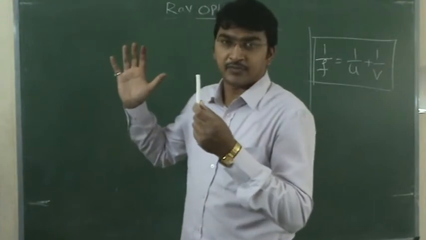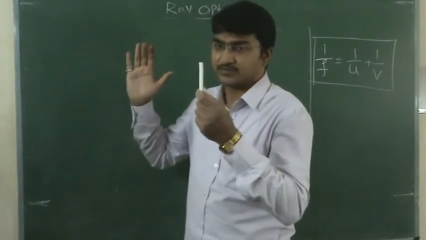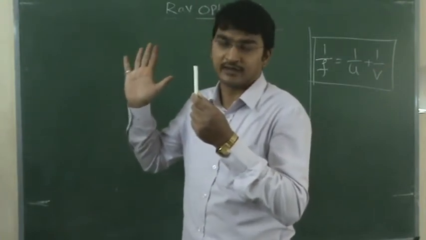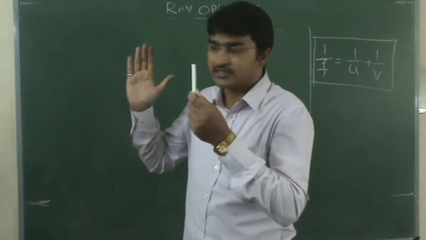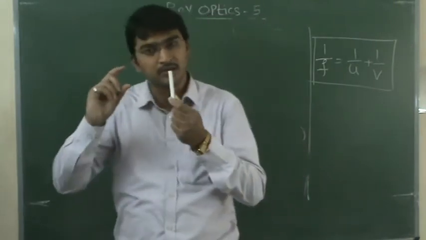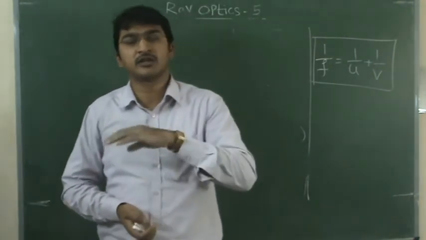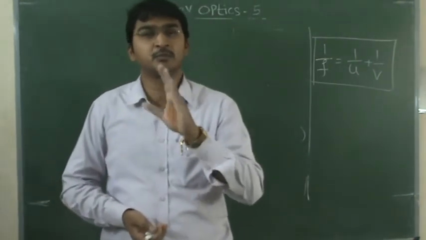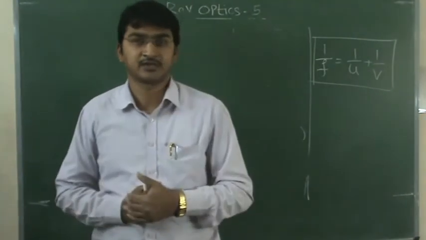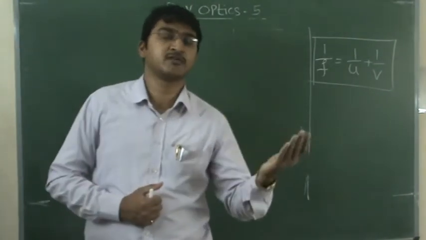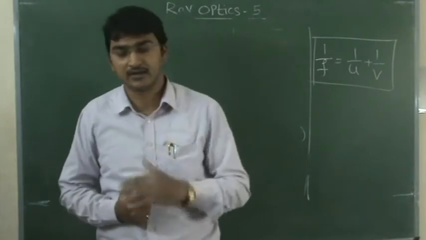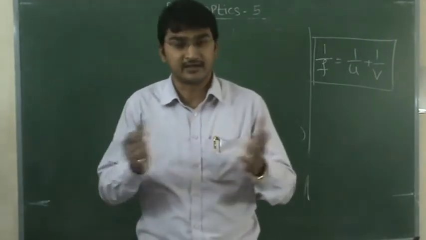In a plane mirror you see the same size. But if you use a concave or convex mirror, you may see a smaller or larger image. This depends upon the position of the object.